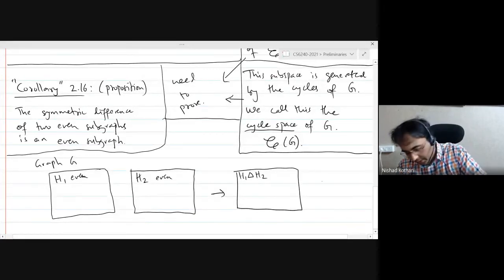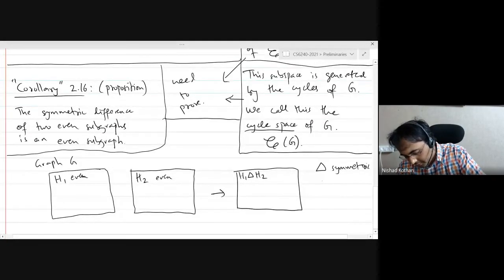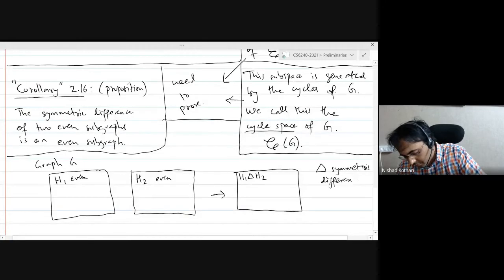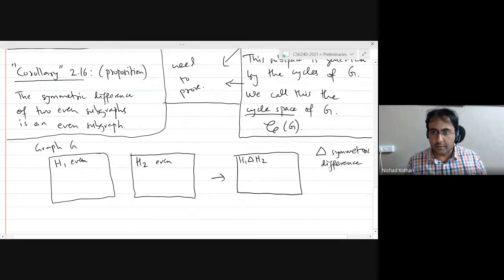If I used plus earlier, I'm sorry, I will stick to this for symmetric difference, which is addition in GF2. So we are looking at the symmetric difference of these two subgraphs.